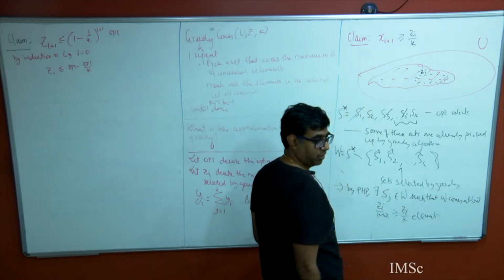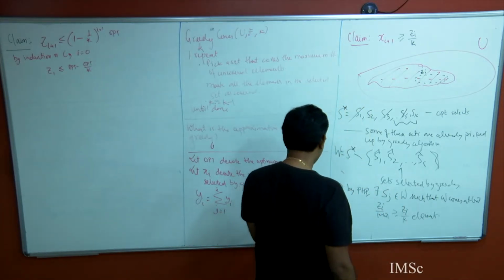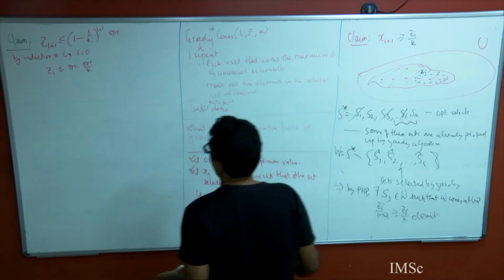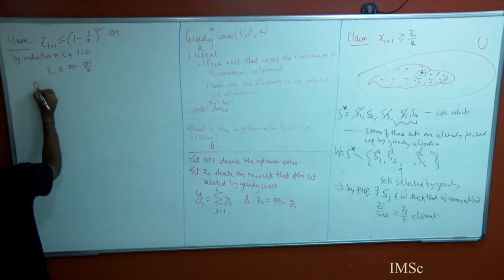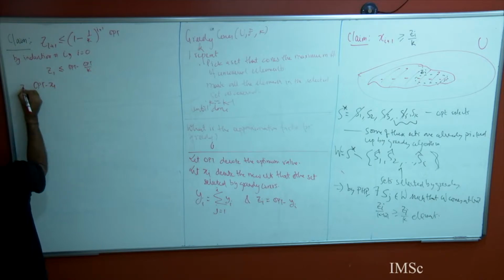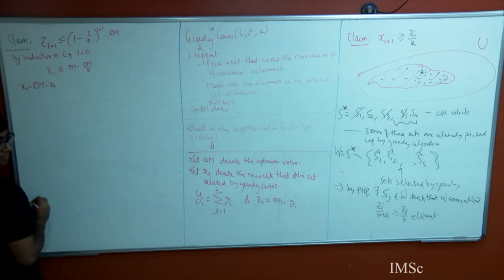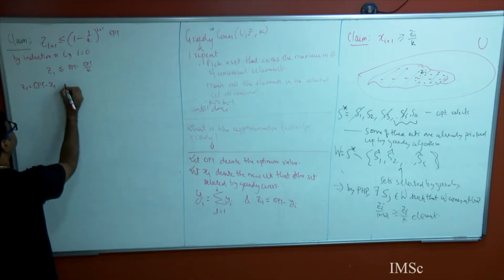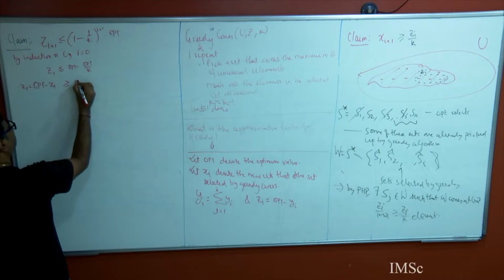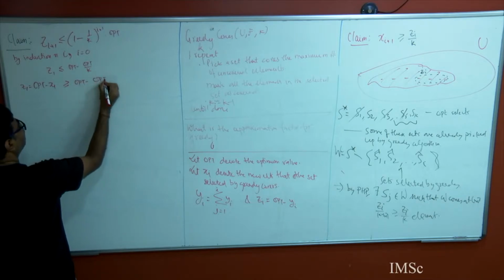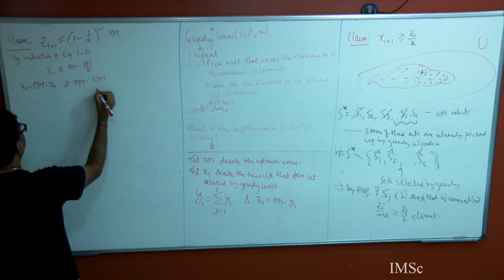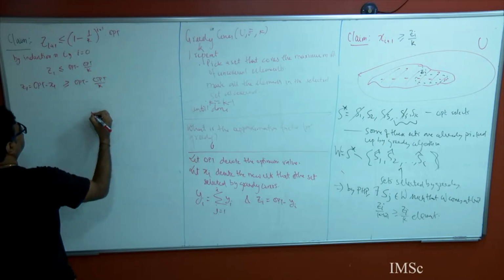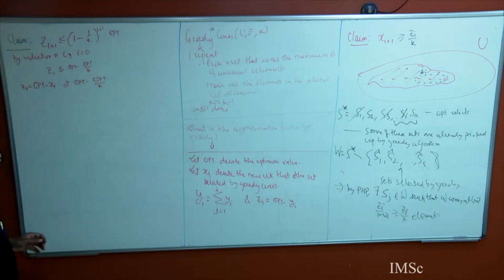It is opt minus x1, right? So what we know is that Z1 is equal to opt minus x1, okay? Now x1 is at least this much. So what does this imply? This quantity is at most opt minus opt by k. Is that correct? What is Z1?